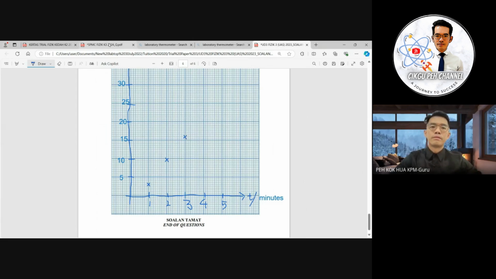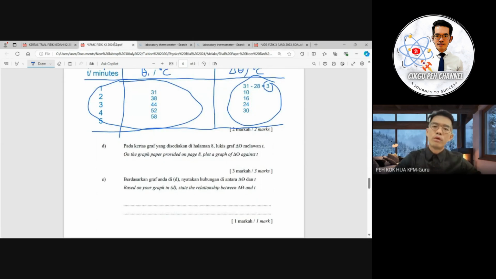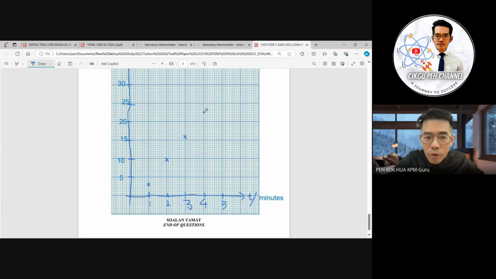Okay, then 24, 30. 24 here, 30. Okay, so you see here very clear. We will get straight line passing origin using ruler to draw. Okay, I cannot using ruler.